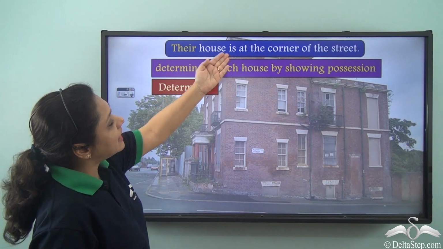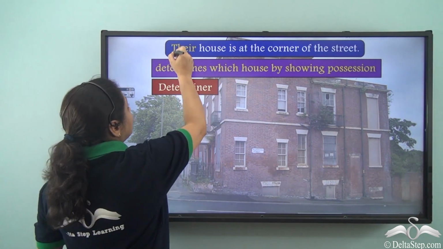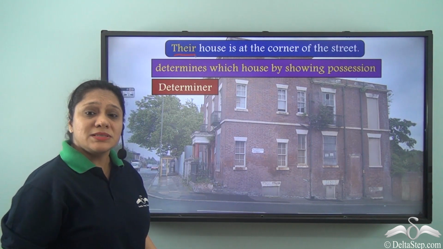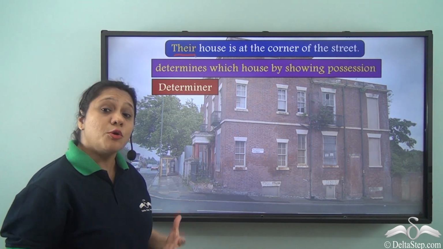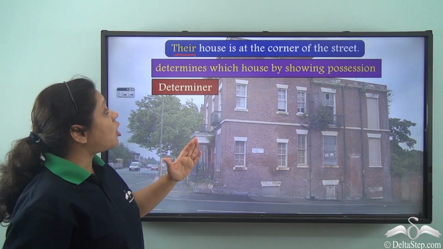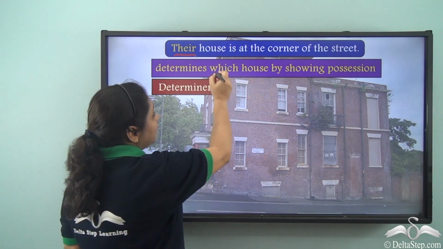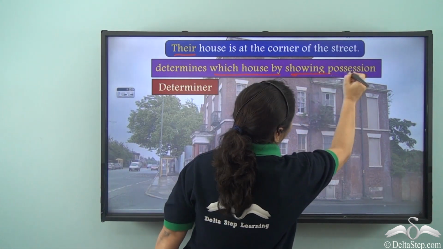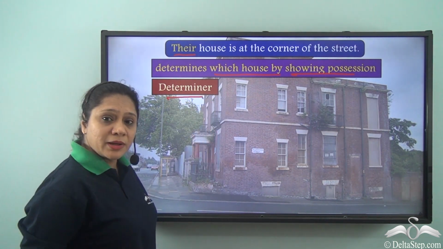Their house is at the corner of the street. Now in this sentence, there determines whose house we are talking about, a particular house. Which particular house? We are talking about their house. So there here is determining which house by showing possession. So there is a determiner.